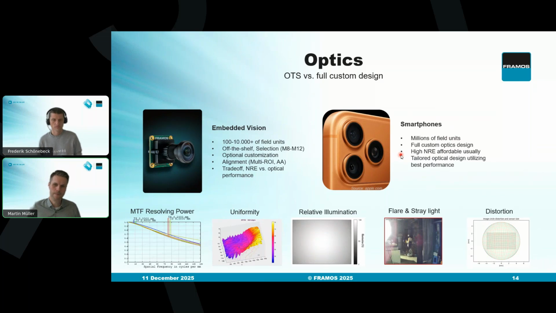This is because the optical design is tailored, specially made for a single unit. You see even here on the iPhone, we have a triple optics, which has a very, very small height. It's very specially made and utilized to get the most power out of the system.